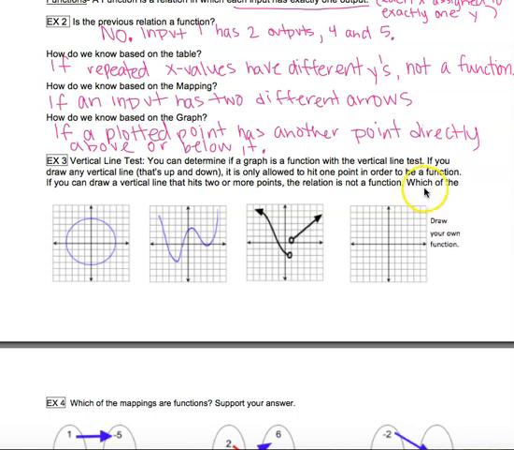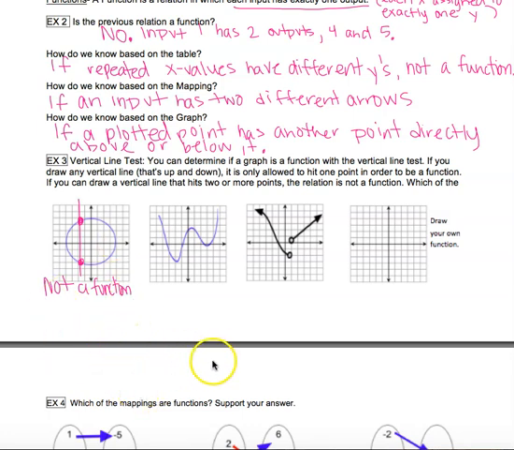So if we want to look here, I apparently didn't finish typing this, but I wanted to say which of these graphs are functions. So if I draw a vertical line on this first graph, boop, the very first vertical line that I draw hits 2 points. So this is not a function because the vertical line that I drew hits 2 or more points.